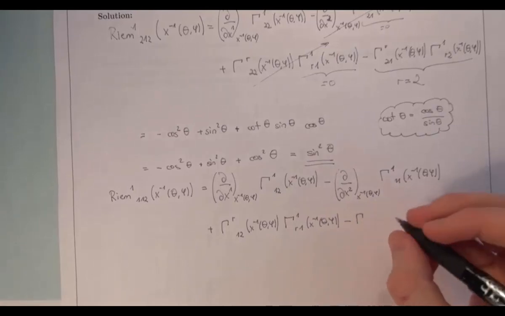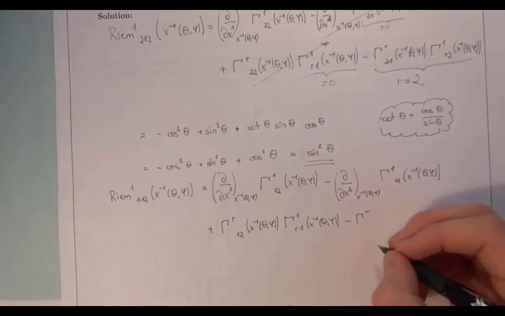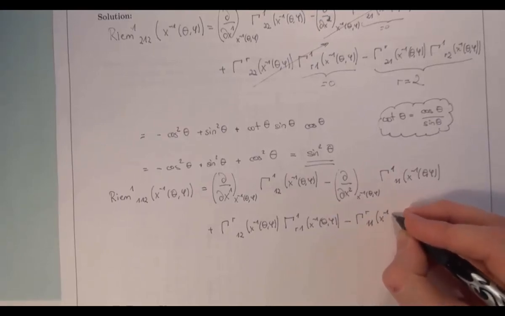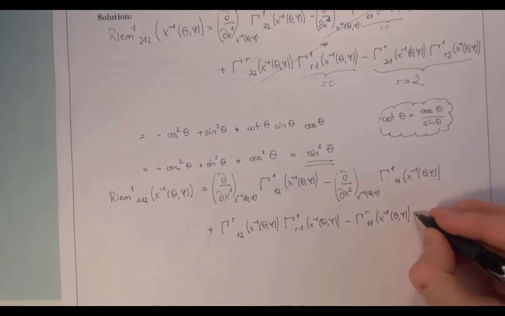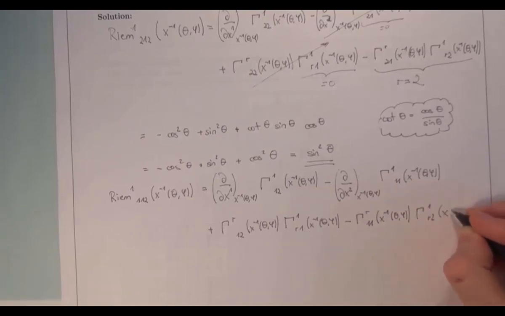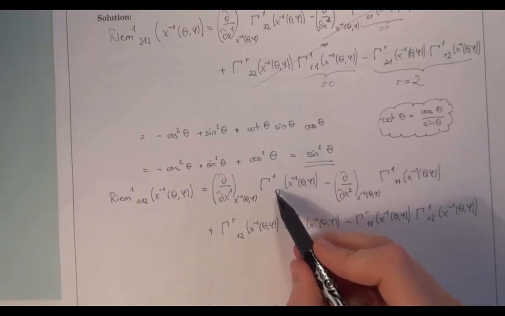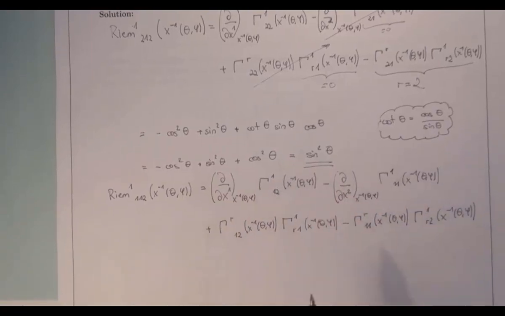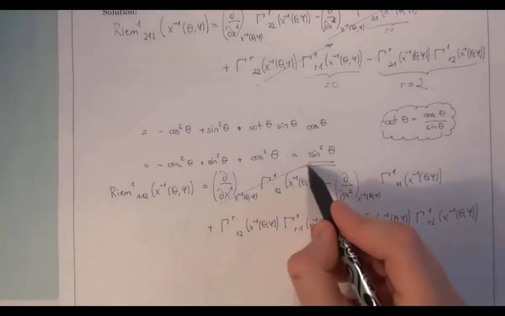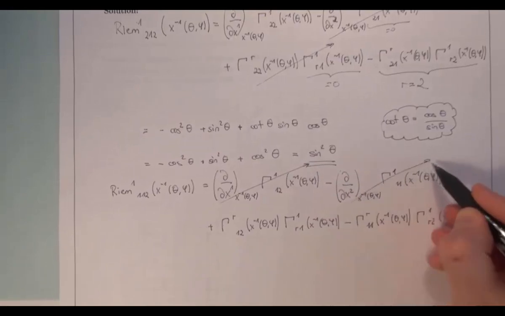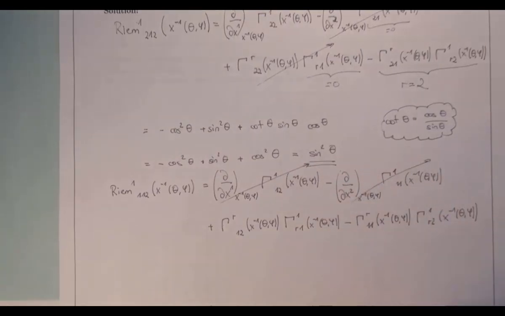And we get a minus. The r has to stay. We get 1, 1 here at x inverse, and gamma 1, r 2 at x inverse of theta and phi. So we see gamma 1, 1, 2, well, that definitely vanishes, so this one is gone. Gamma 1, 1, 1 also vanishes, this term is gone.